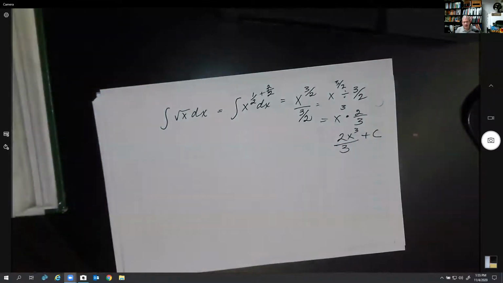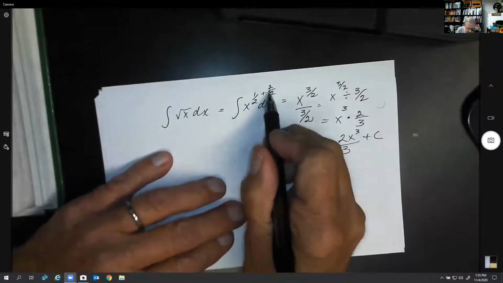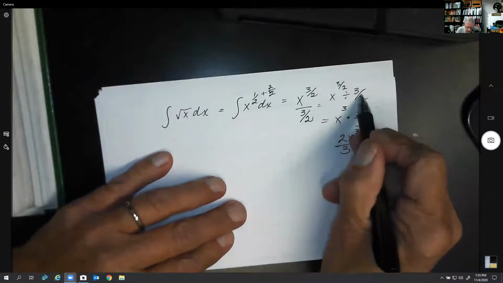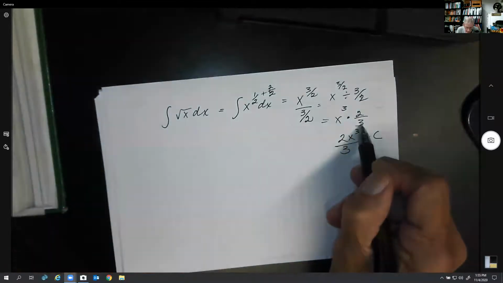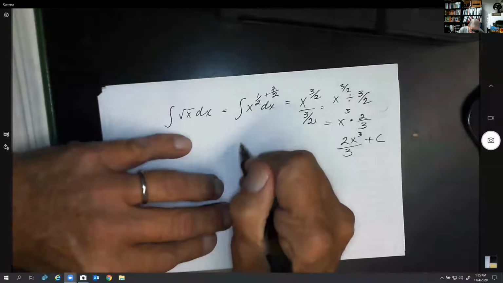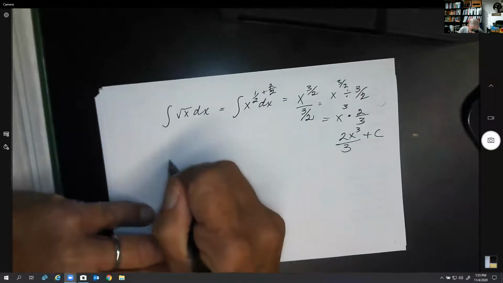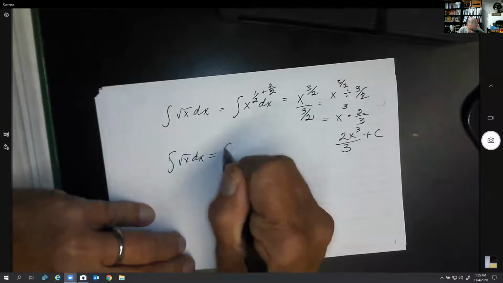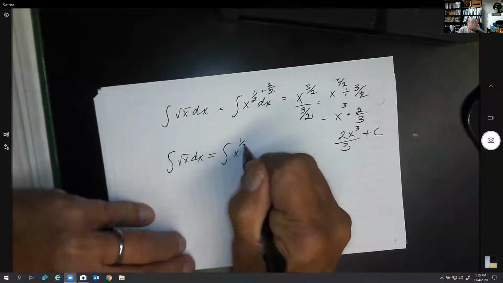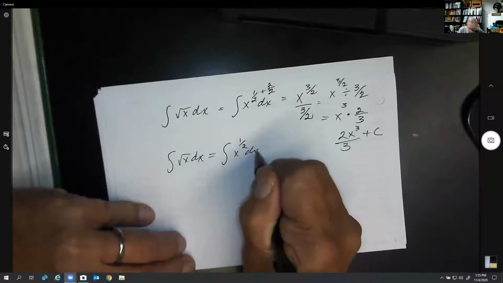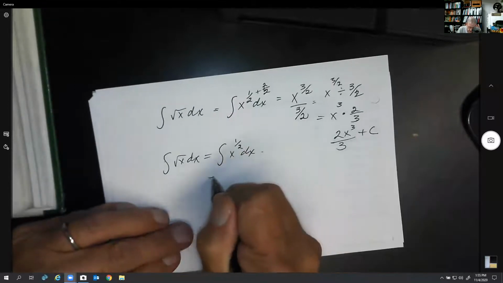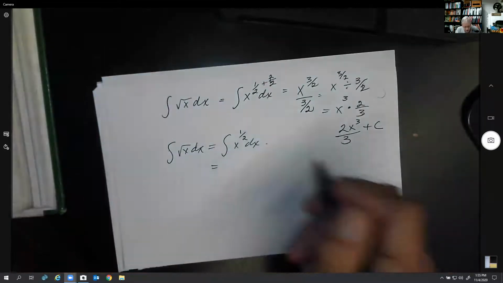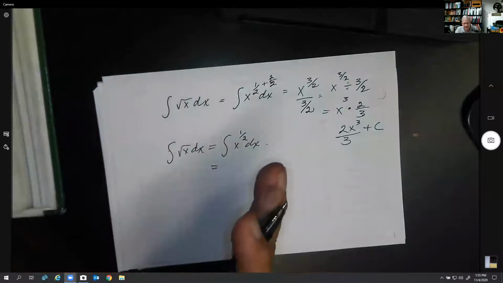Well, that's a lot of work, isn't it? We got 3 halves over 3 halves, and we have to get rid of the 3 halves, so we have to use the reciprocal, then we have to multiply. So what we usually do on a problem like this is, when we write it over here, we change it to a fraction. So we think of it, I put it down below, that this is going to be plus 1. We don't usually write it x to the 1.5.